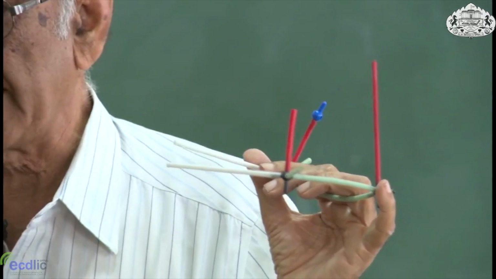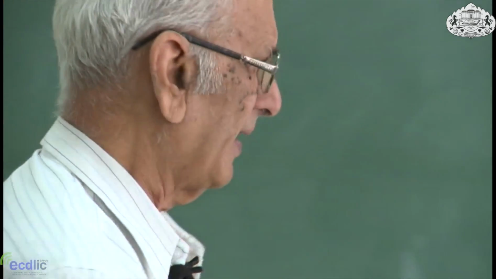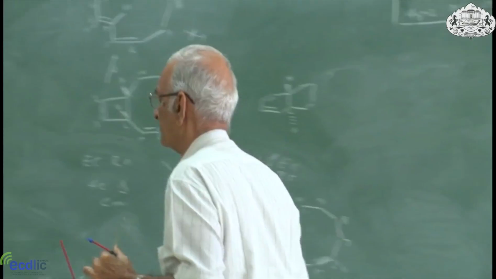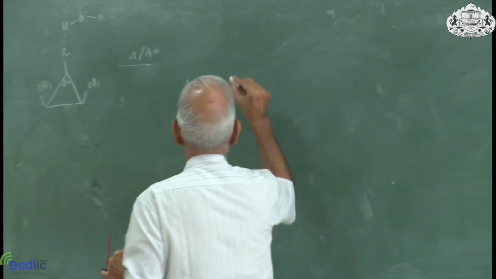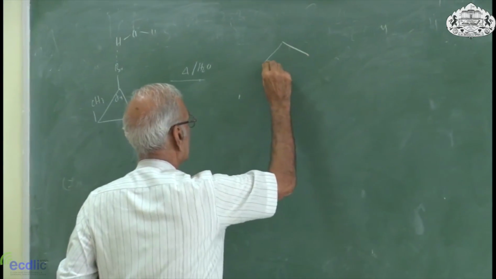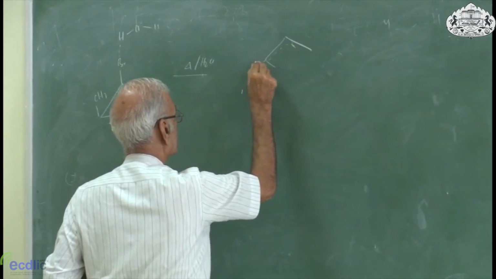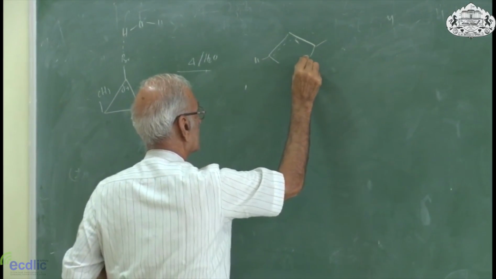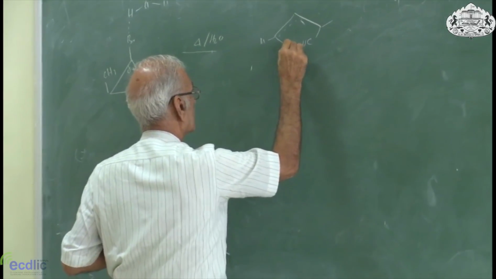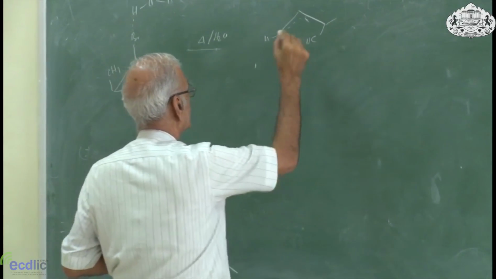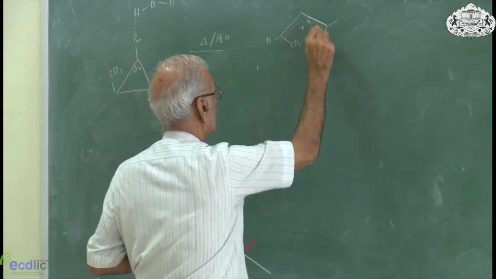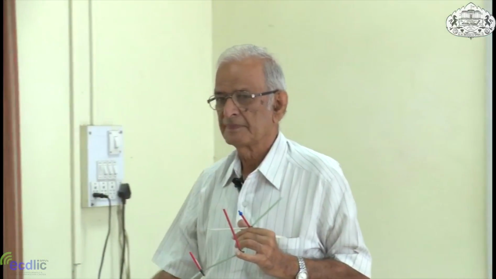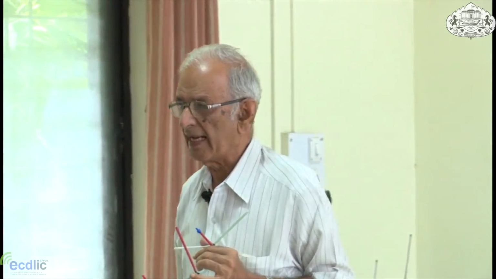So, first type of opening will give me two methyl groups on the inside. What have we done? We have converted it into allyl cation.